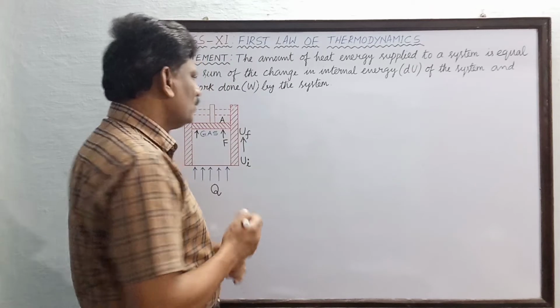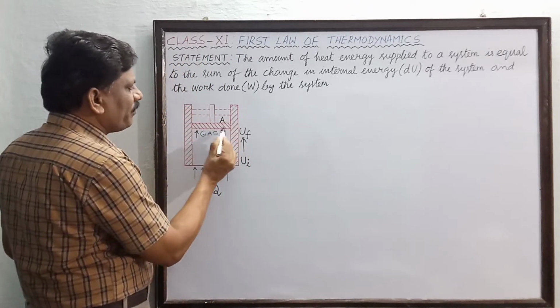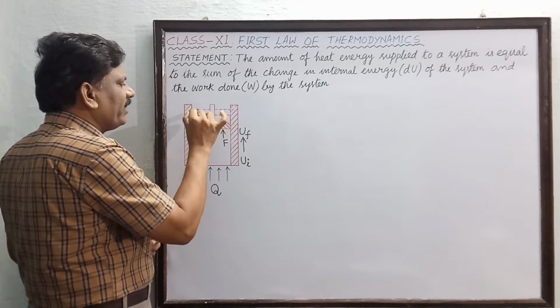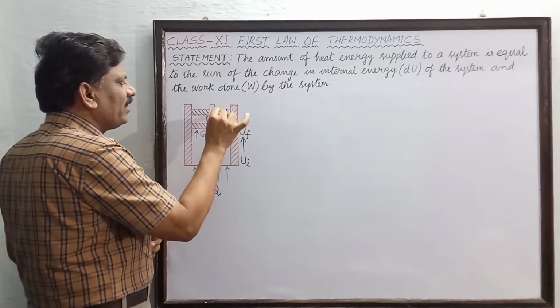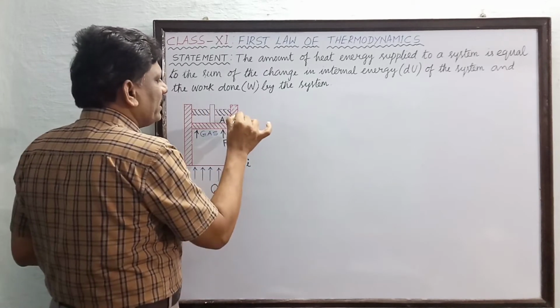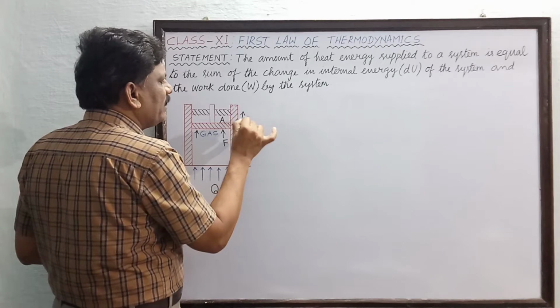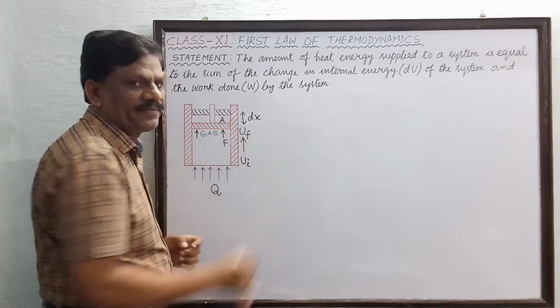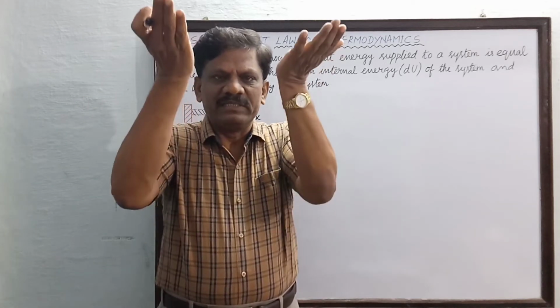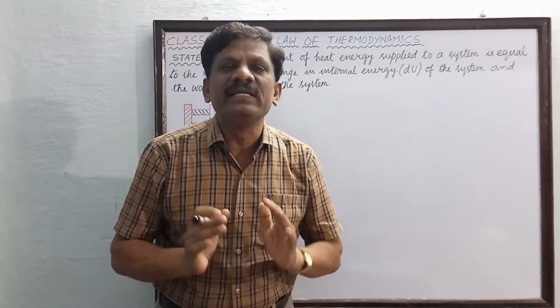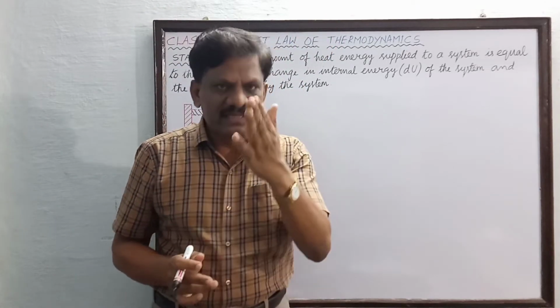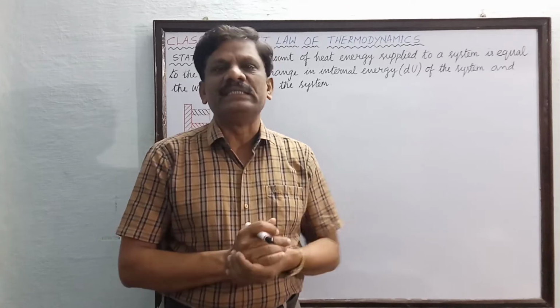Understand? So this is the initial position of the piston and this is the final position of the piston. It is moved through a small distance dx, let us say. The piston is moving upward. So who is pushing the piston here? The gas is pushing the piston.